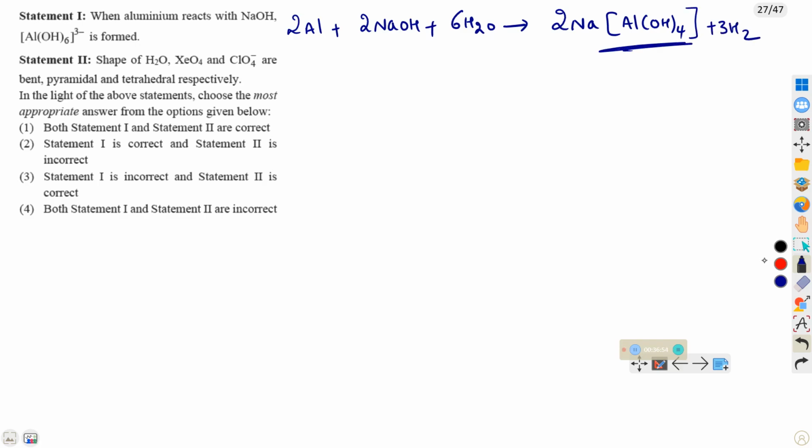Al(OH)4 minus is formed, but not Al(OH)6. Not correct. H2O bent, correct. XeO4 geometry is tetrahedral, but here the given XeO4 geometry is pyramidal. This is also incorrect. Fourth option.